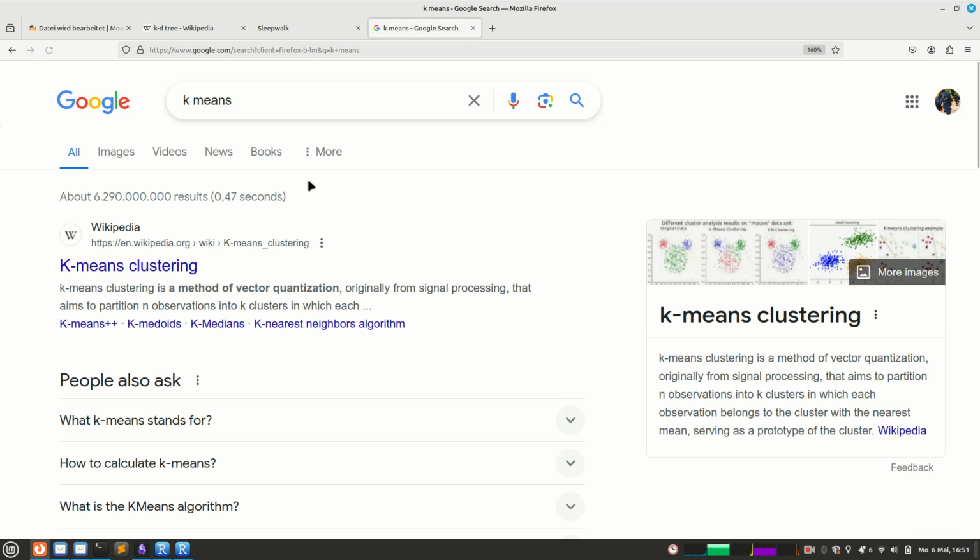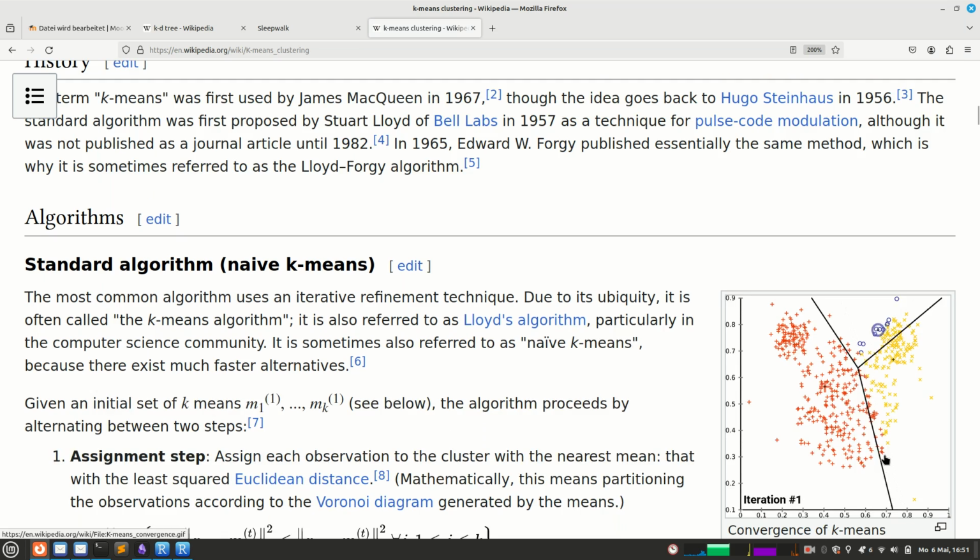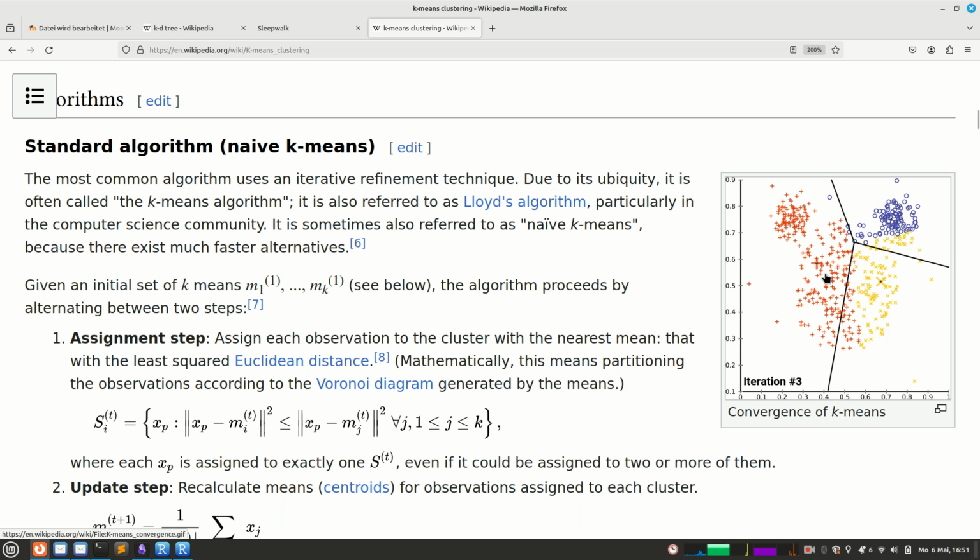K-means that many of you might know, and there is this beautiful animation here in Wikipedia, where you have this Mickey Mouse data set, as we call it, with one big blob at the bottom and one at the top right and one at the top left. And we would like to assign each data point to one of these three colors in such a manner that they get close to each other.